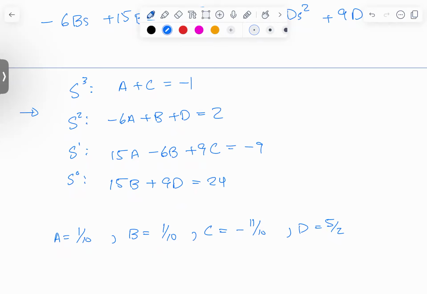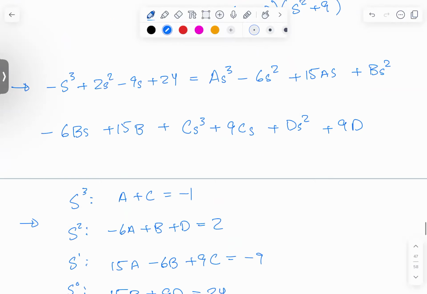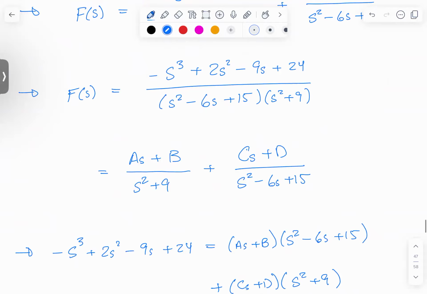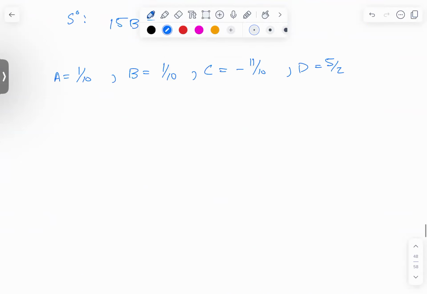So doing the partial fraction, okay? This is the easy part. We've got to set this up, break this apart, find the values.